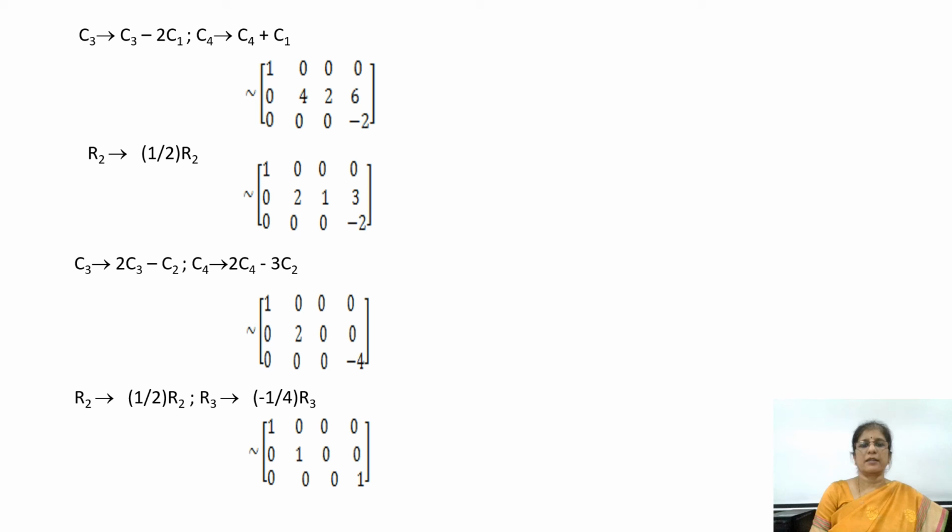Now, we can make the 2 and minus 4 as 1 by multiplying the second row elements by half and the third row elements by minus 1 by 4. This gives us 1, 0, 0, 0, 0, 1, 0, 0, 0, 0, 0, 1.